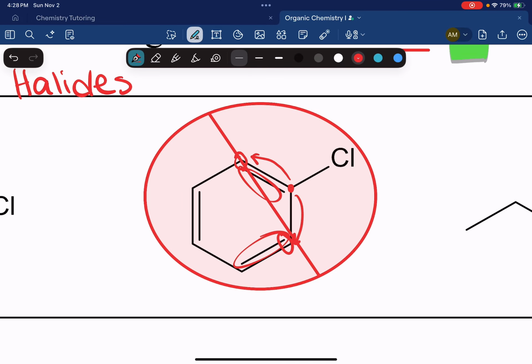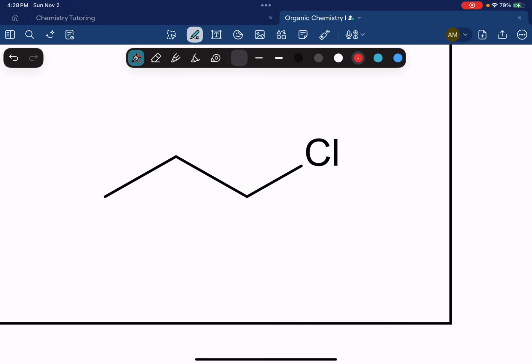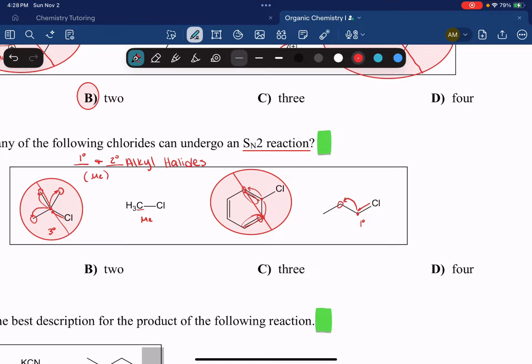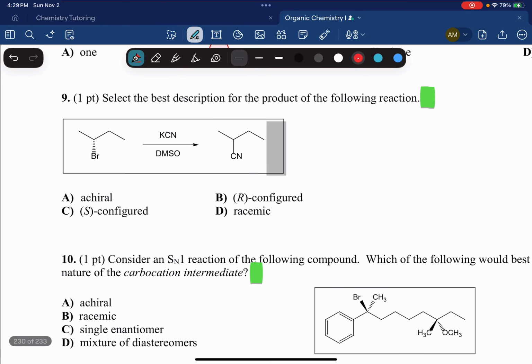It's so ridiculously stable, it's not going to want to be doing reactions. It's chill being what it is. What is this? Primary, good. Because the carbon that this is attached to is only attached to 1 other carbon. Primary. Perfect. So how many did we have? Only 2, which is starting to be a common theme. B. Good. Almost done, guys. Stick with me, stick with me. All right.